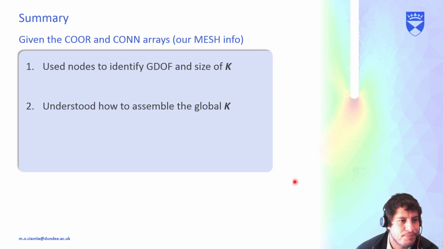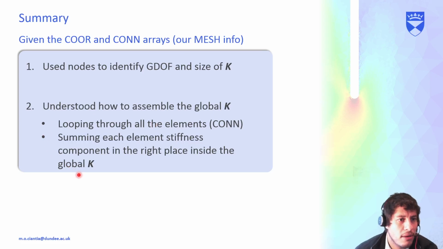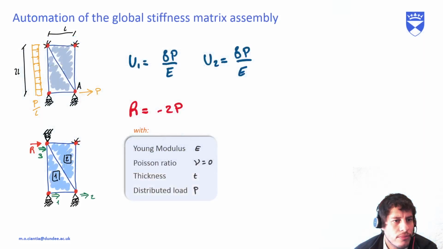And this was done looping through all the elements and then summing each element stiffness component in the right place inside the global K.